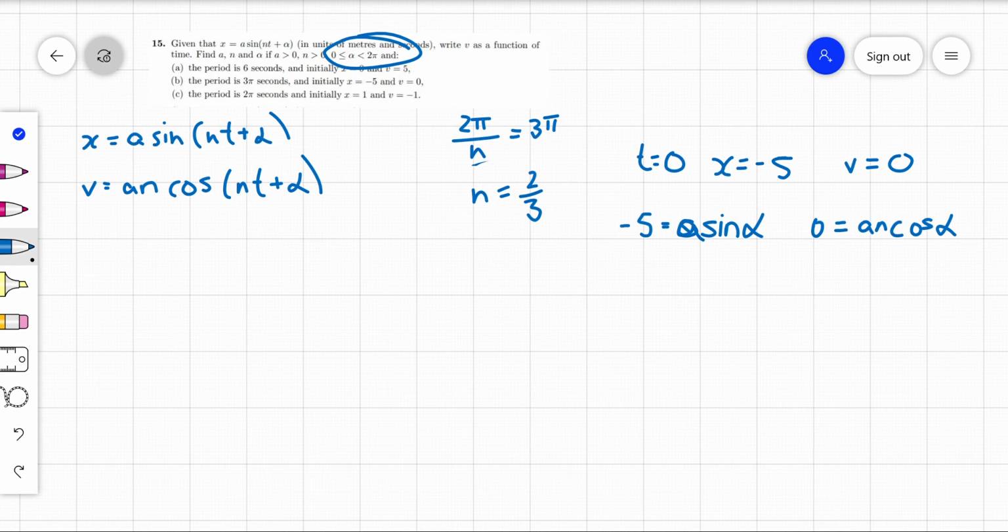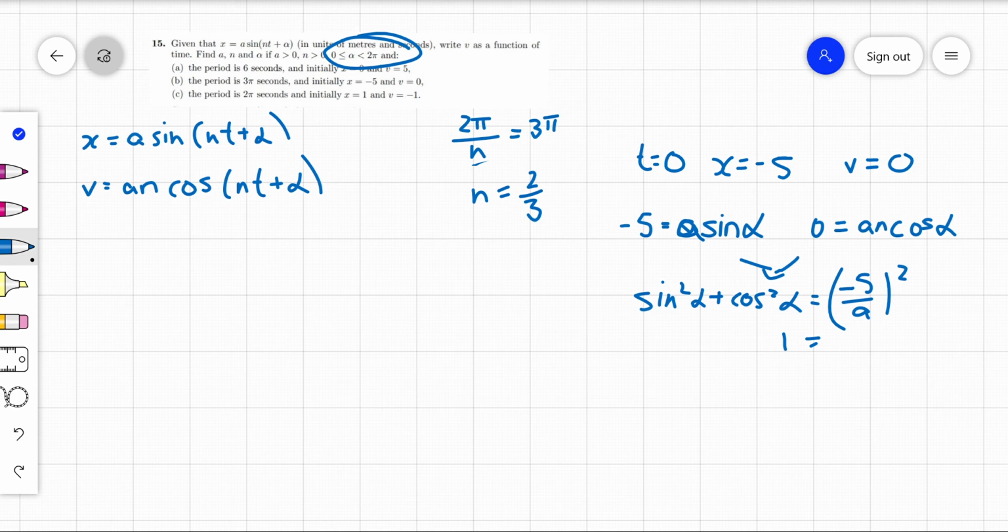So I could use it, or a fun way maybe to put these together is sine squared plus cos squared equals 1. If I use the fact that sine squared alpha plus cos squared alpha equals 1, what does sine squared equal? If I rearrange the first one, I get minus 5 on a is my sine.